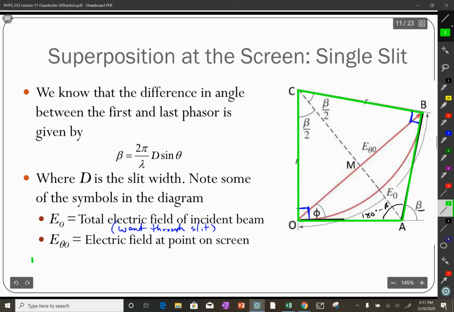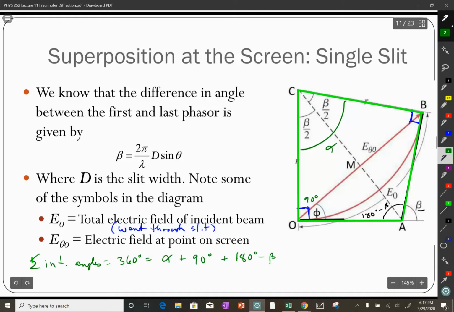So the sum of the interior angles equals 360 degrees equals, and I'm going to call this whole angle here alpha, so alpha plus 90 degrees, that's 90 degrees right there, plus 180 degrees minus beta, plus 90 degrees.